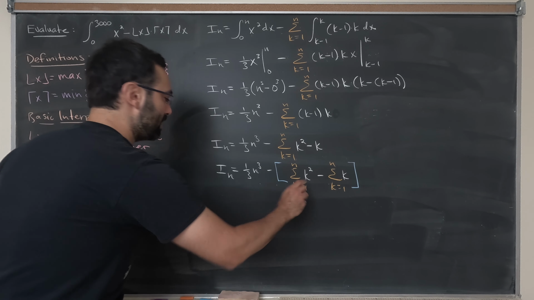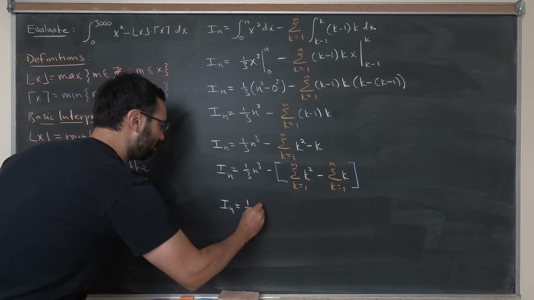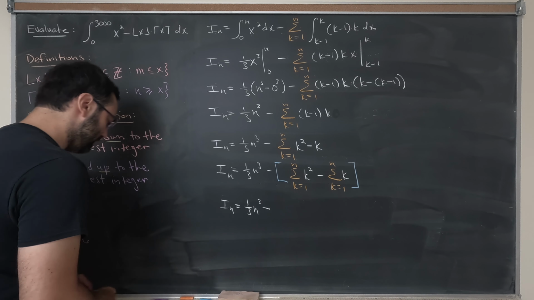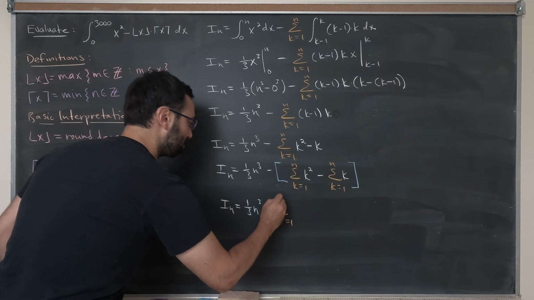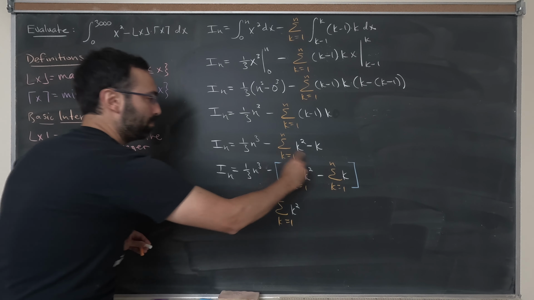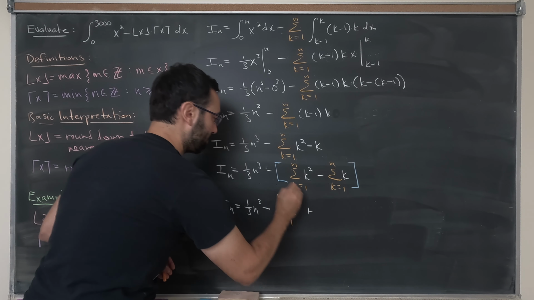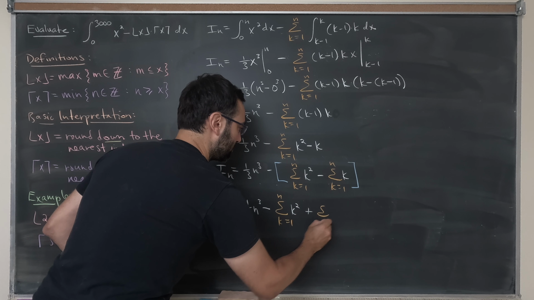Now here we obtain the following. I sub n equals 1/3 n cubed minus this summation plus this summation.